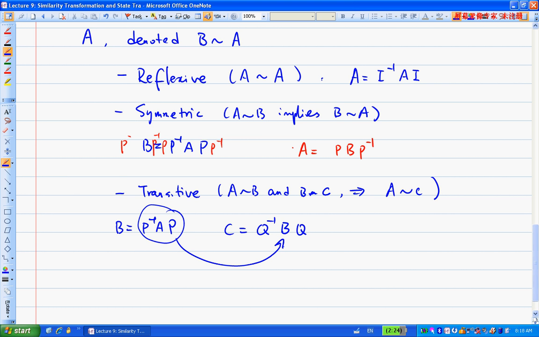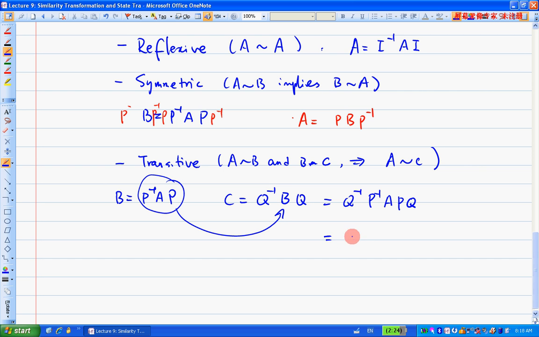So this is Q inverse P inverse A P Q. And this Q inverse P inverse equals PQ inverse, using the linear algebra property that PQ inverse equals Q inverse P inverse.